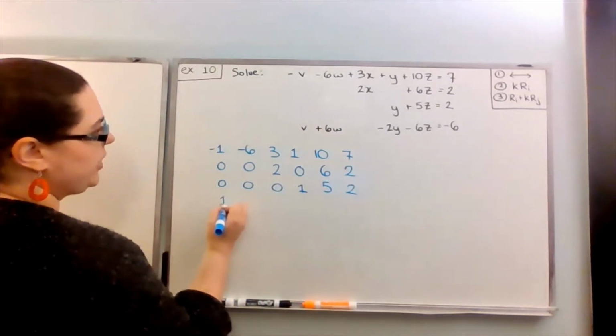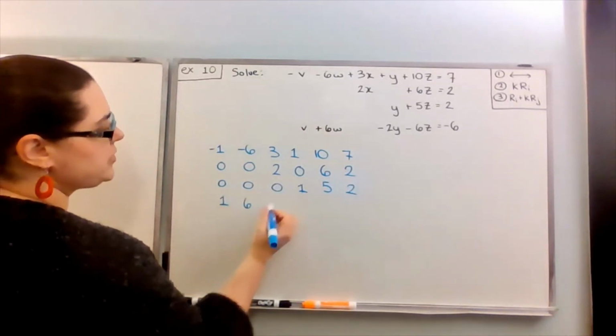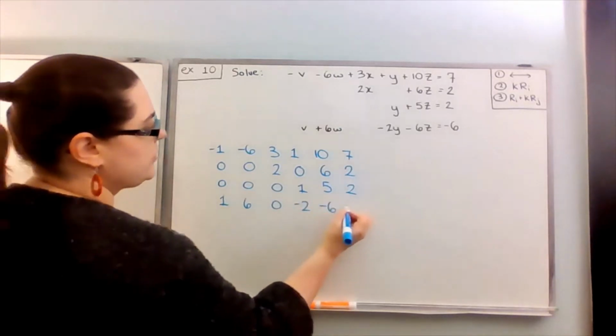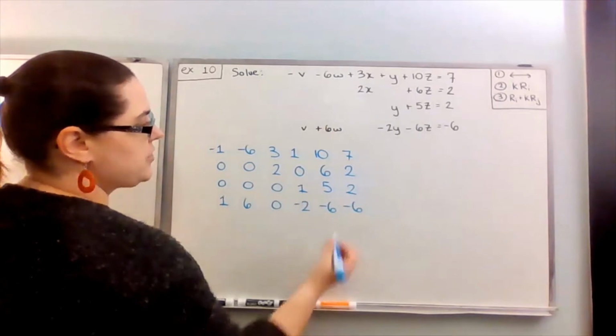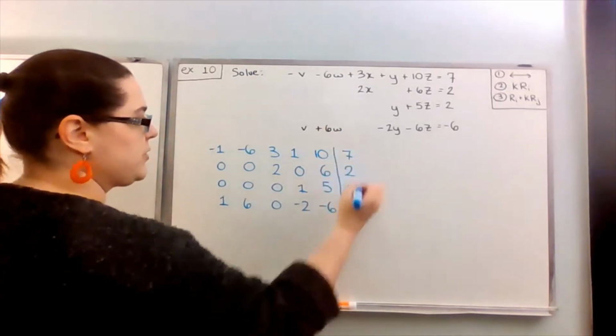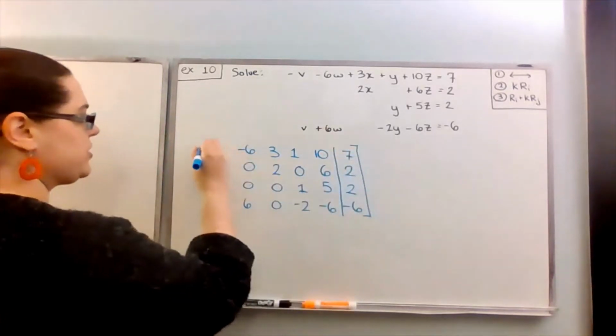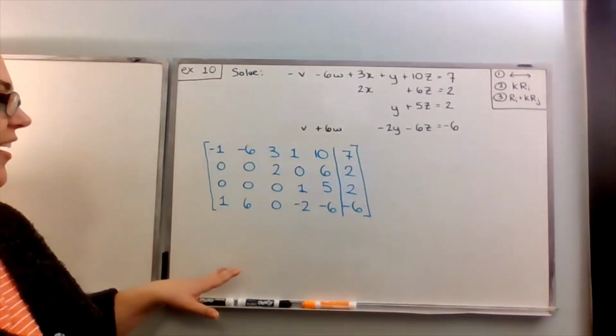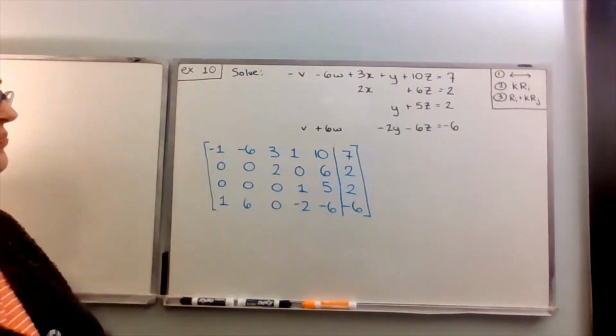And for the last row, we have a 1, a 6, 0, -2, -6, -6. Draw a line to augment these matrices. And there we go. So here's our augmented matrix for this system.